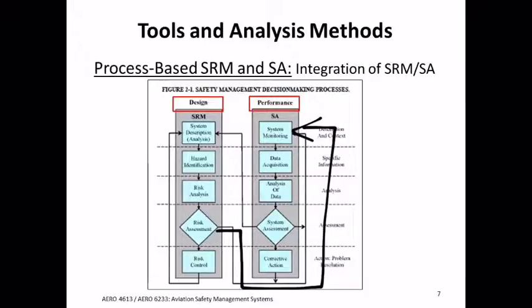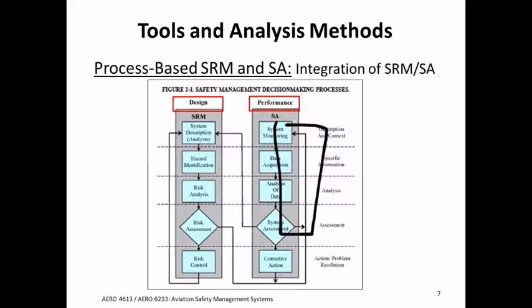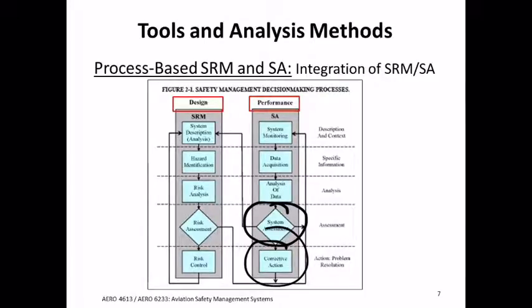During system monitoring, if assessment indicates the risk continues to be controlled as designed, the SA component continues to monitor. If the SA component, however, indicates that a risk control is not working right or has not been implemented correctly, corrective action is taken.